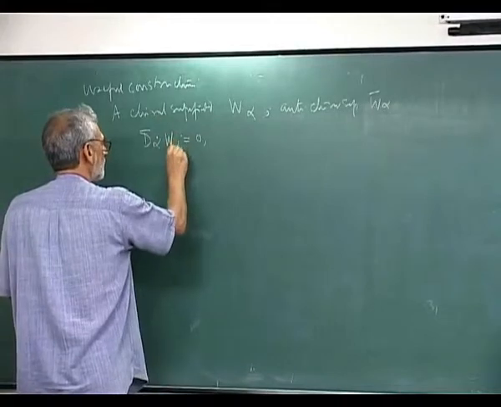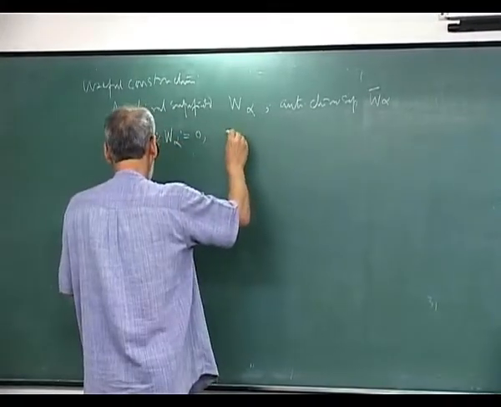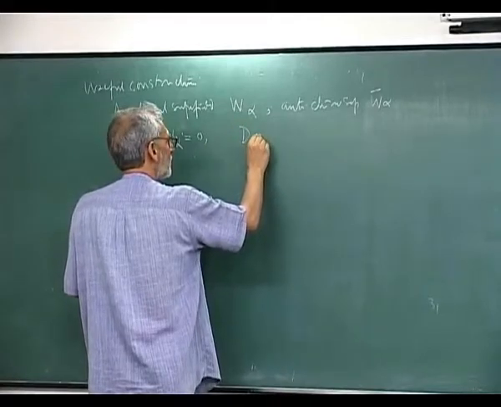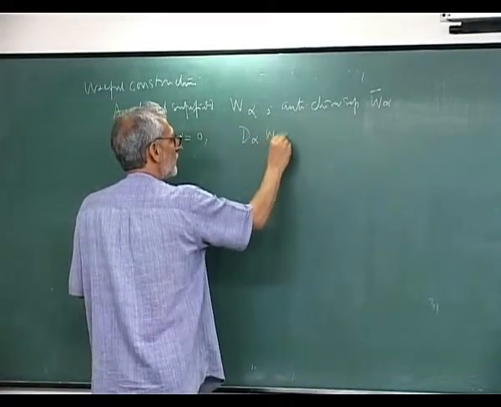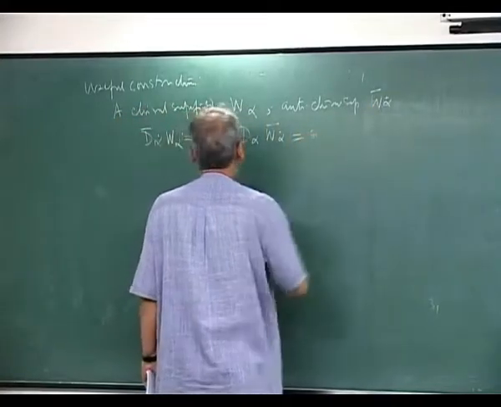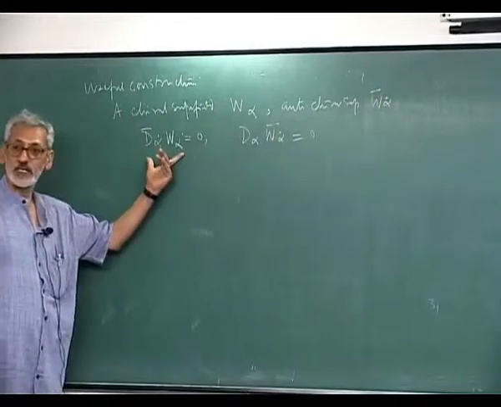And D alpha of W bar alpha dot is 0. That's our definition of a chiral superfield.